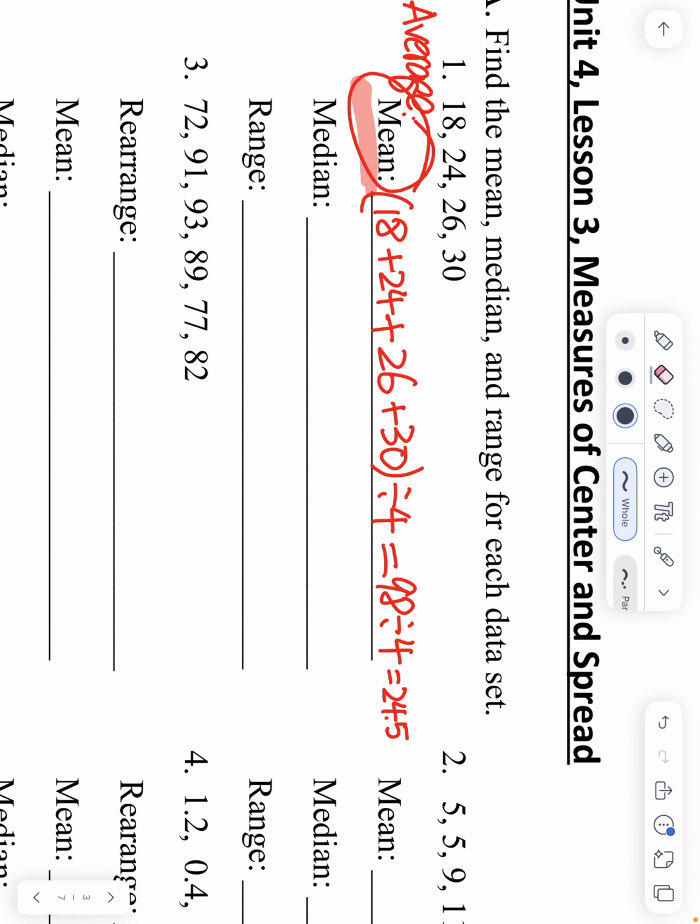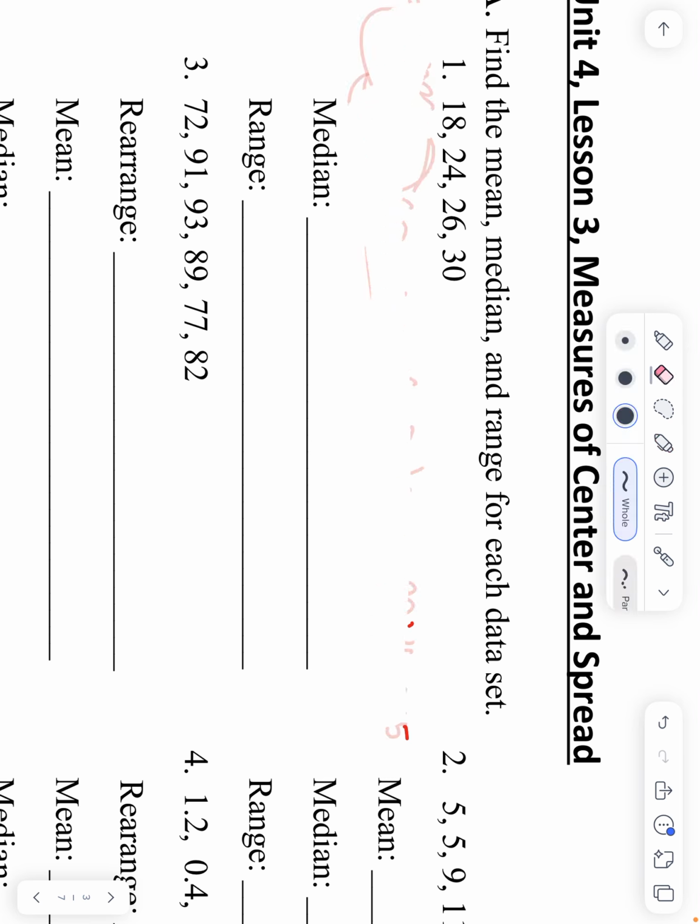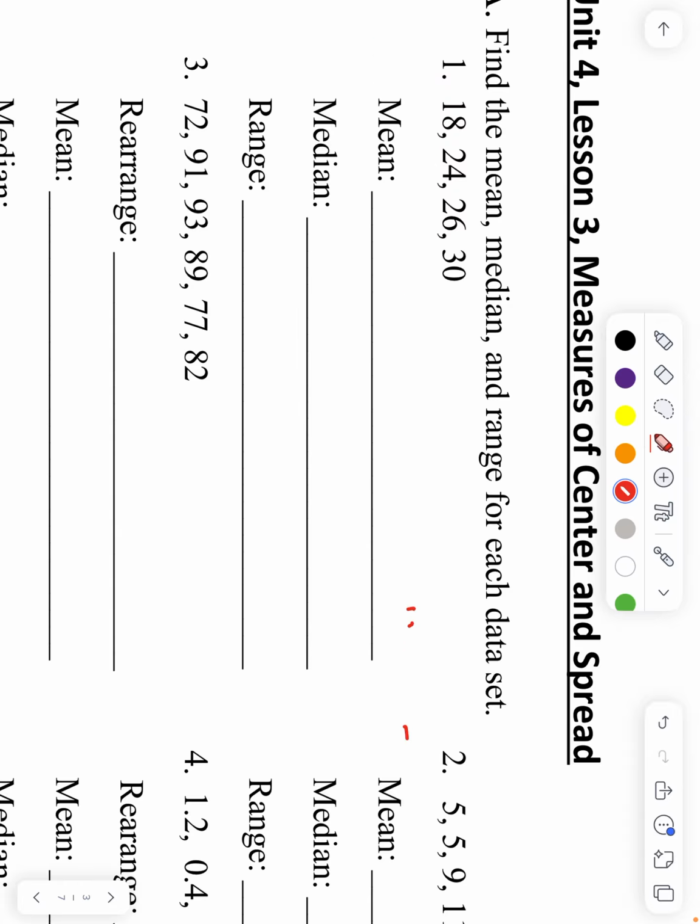Sometimes the data is messy, with some numbers big at the front and smaller at the end. But this question is already in good order, from the smallest to the biggest. We're going to find the number in the middle.